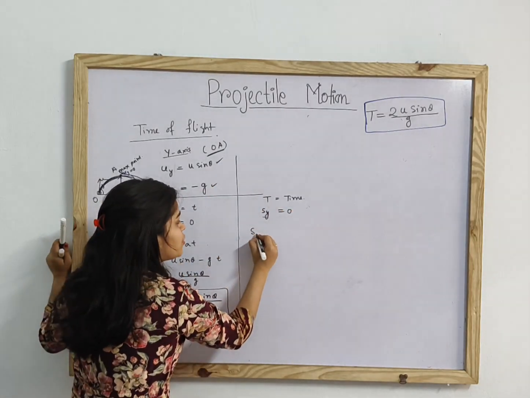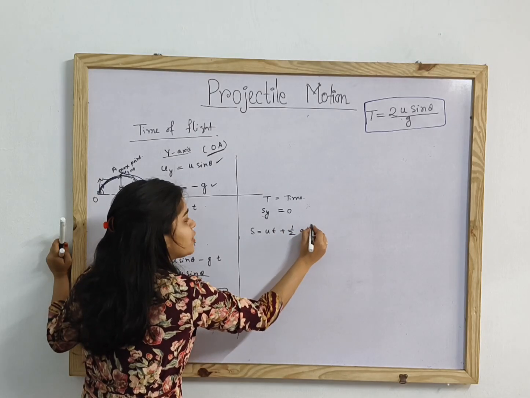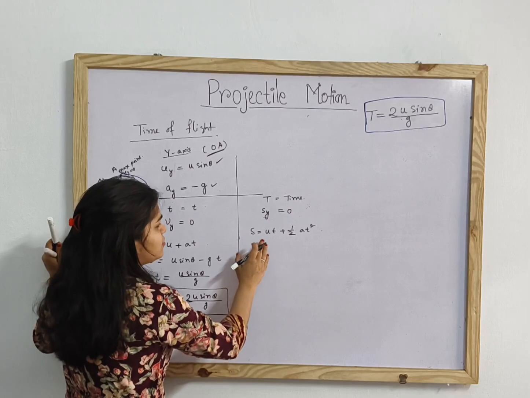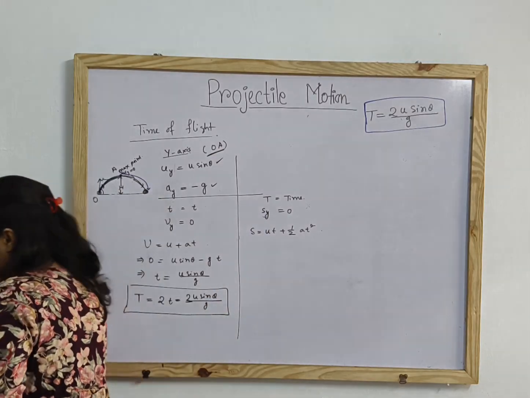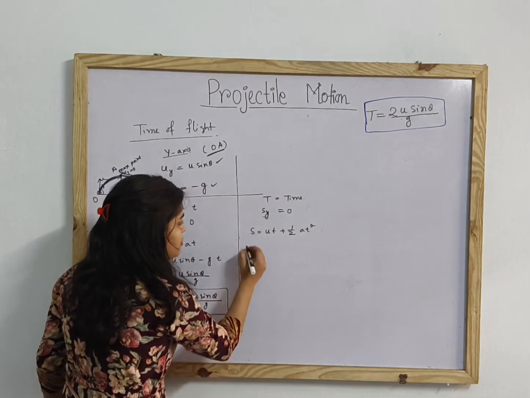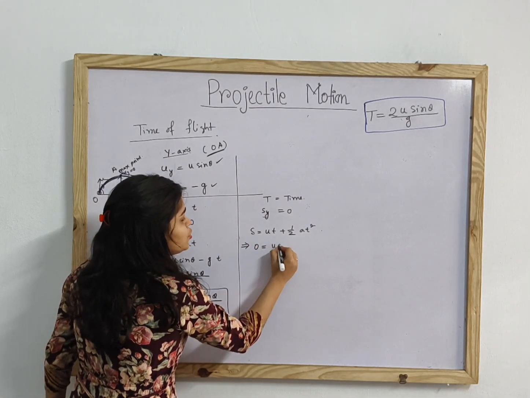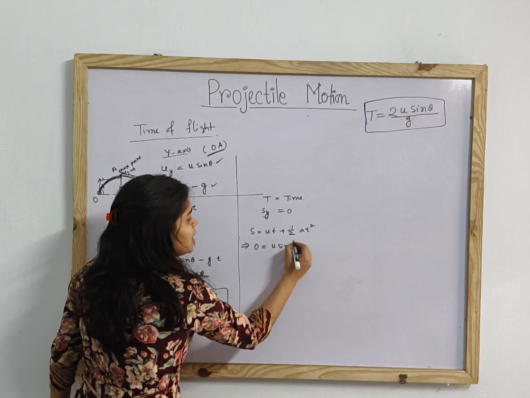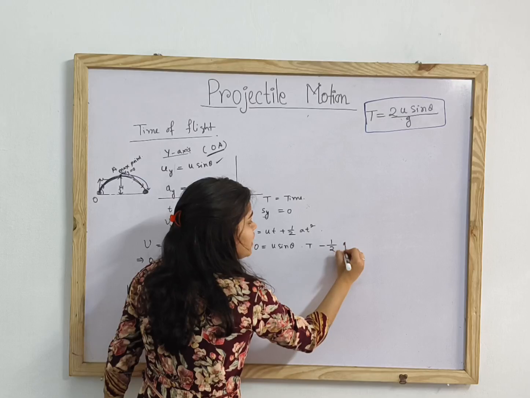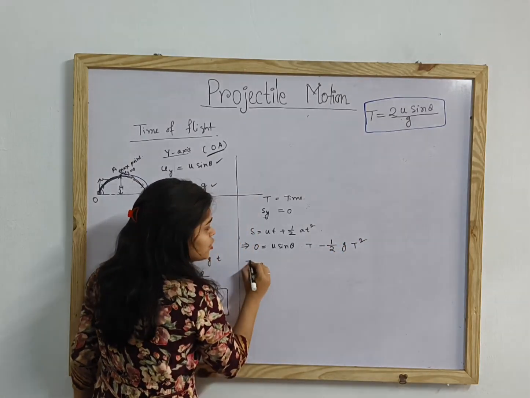So can you use the formula S is equal to ut plus half at square? S is equal to 0, u is equal to u sine theta, and t is equal to capital T, plus half into minus g, so I am putting the minus here, and T square.